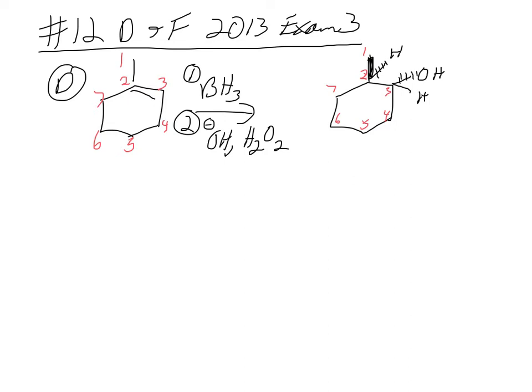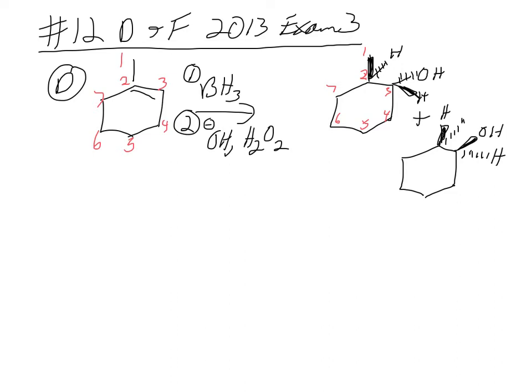So the H and the OH have to be on the same side, right? Plus, you would have the other enantiomer, where the H and the OH are up, and the methyl and this H are going back. Right? So you'd have both enantiomers in this case, this product.